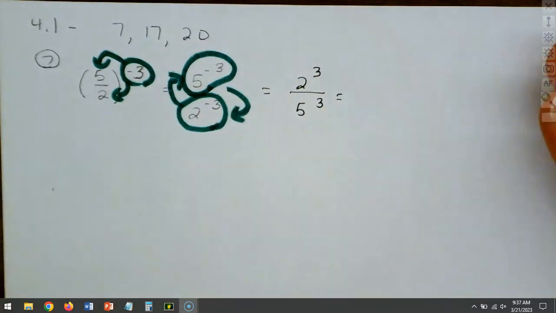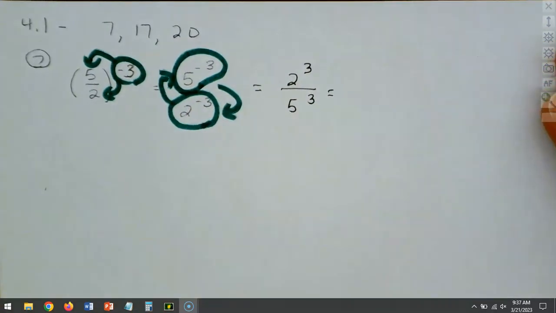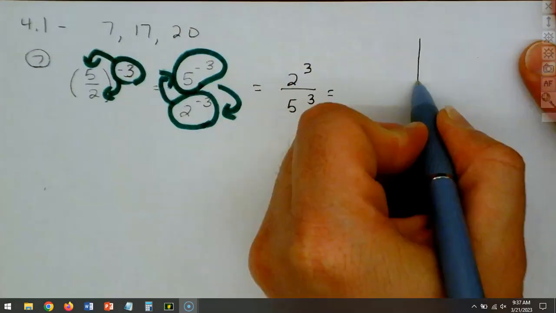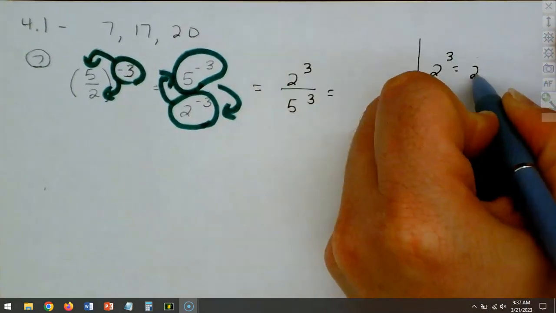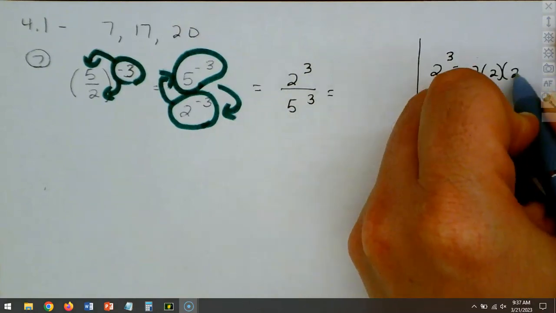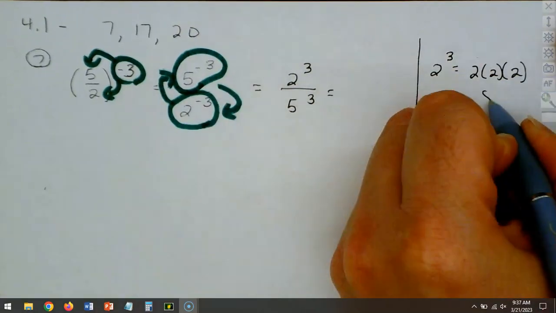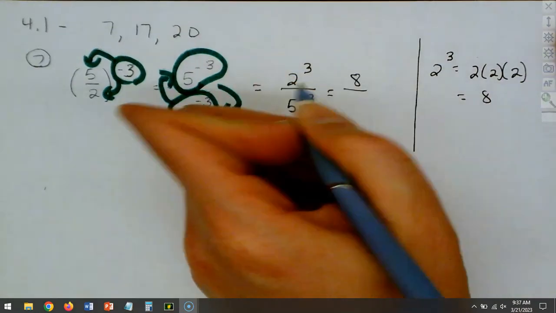Now, a lot of times students make a mistake here. It is not 2 times 3, it is 2 to the third power. And what does that mean if I write it out? That is 2 times 2 times 2. And that gives you then 8.